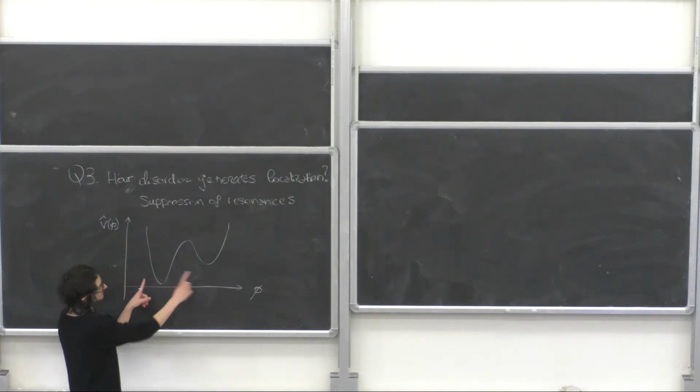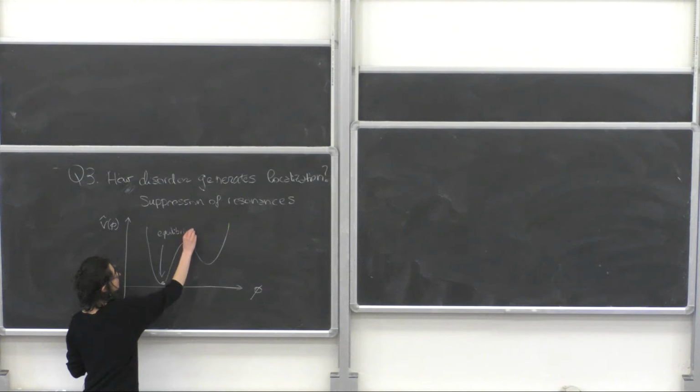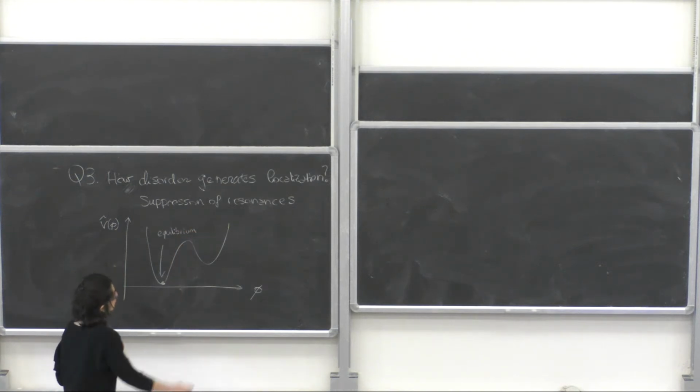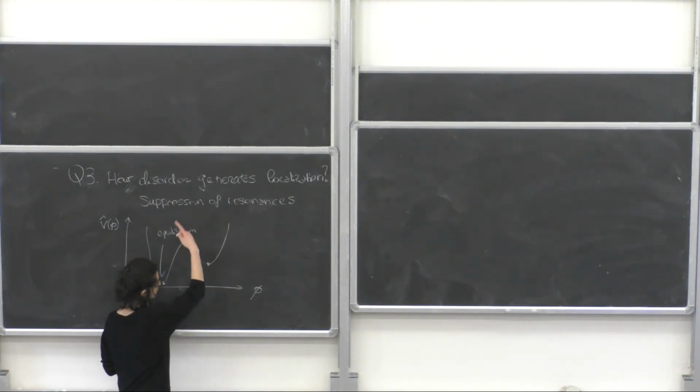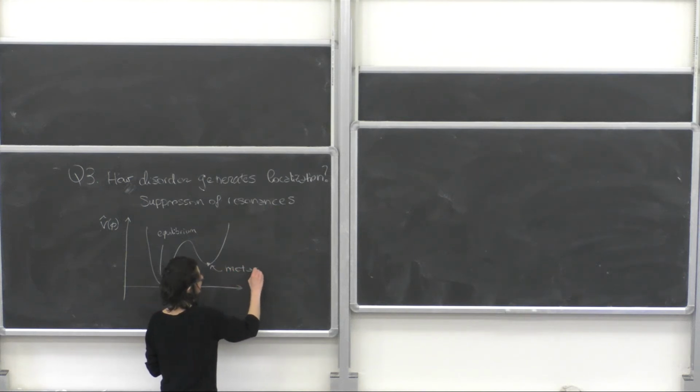And the idea is that, as you see, this is non-monotonic, so you have a global minimum that you would like to interpret as your equilibrium state, and you have a minimum which is at higher values of the potential that you would like to interpret as your metastable state.